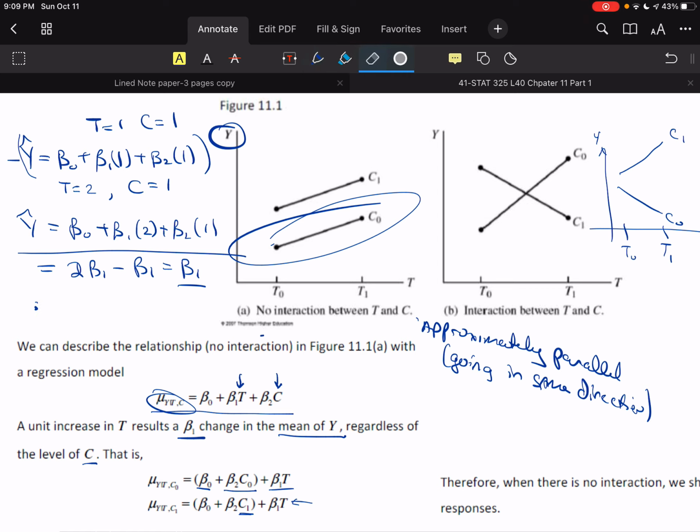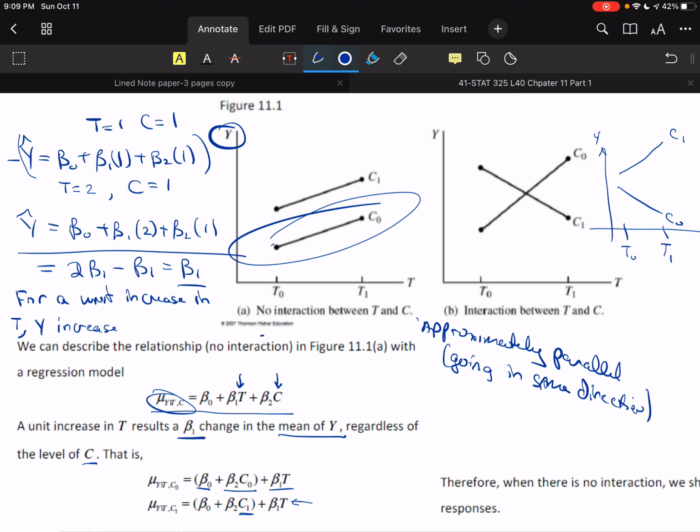The other way that we can do this, the interpretation of slopes, is usually done this way. For a unit increase, that means an increase of 1 in t, y increases or decreases.